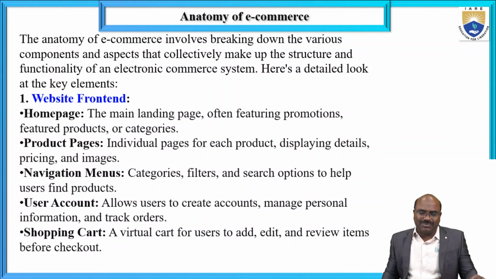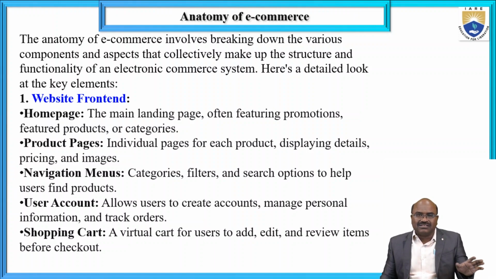This page is a very important thing, called the home page. It is the main landing page, often featuring promotions, featured products, or categories. And the second one is the product page. First the home page, then the details are available from the home page.